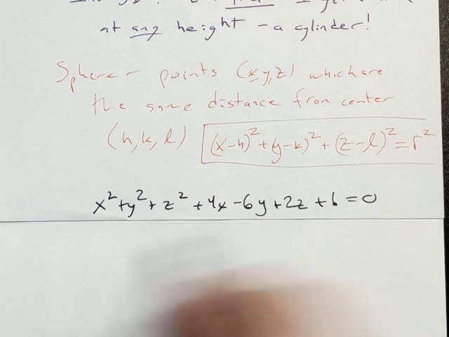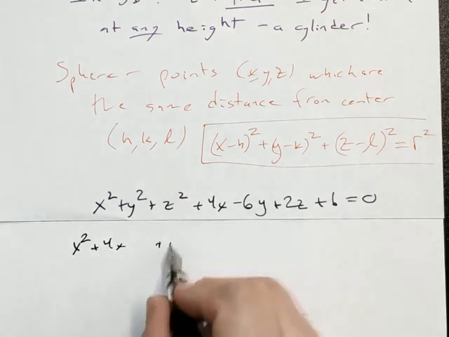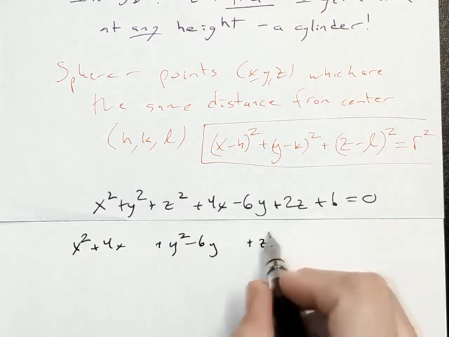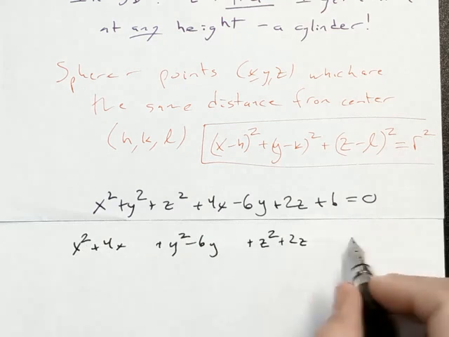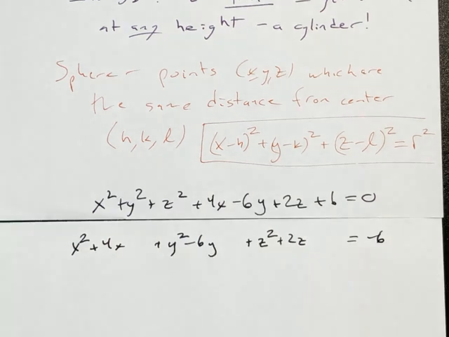Whew. I'm going to regroup, put the x's together, leave a space, put the y's together, leave a space, put the z's together, leave a space, put the 6 on the other side just to get rid of it for now. And now, complete my square. What's the appropriate thing to add in the x's to complete the square?